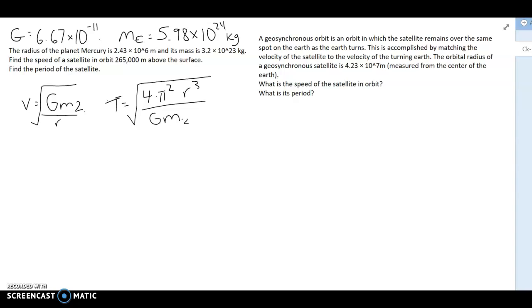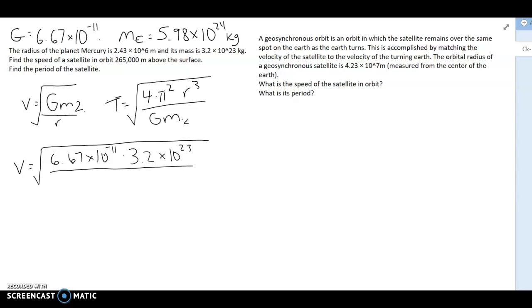So for the first problem with Mercury, v is going to equal the square root of g, 6.67 times 10 to the negative 11th, times the mass of Mercury, which is 3.2 times 10 to the 23rd, all over r. Now, here's the deal here.